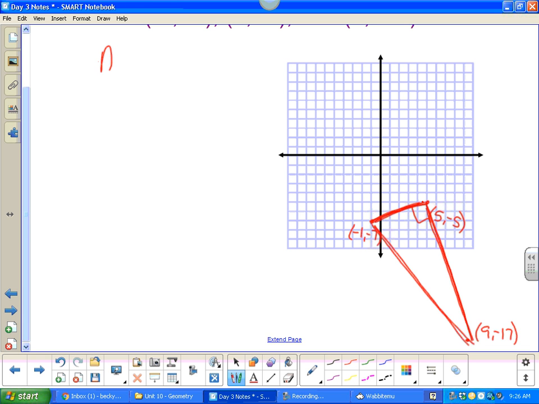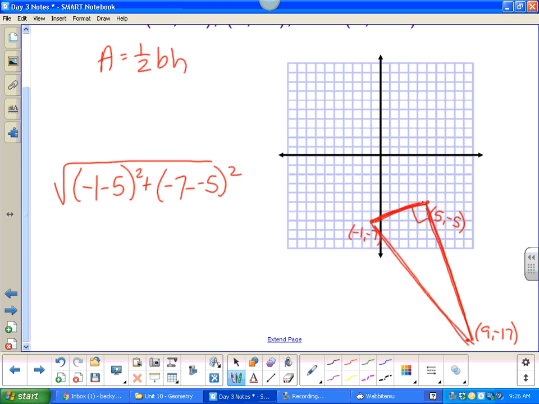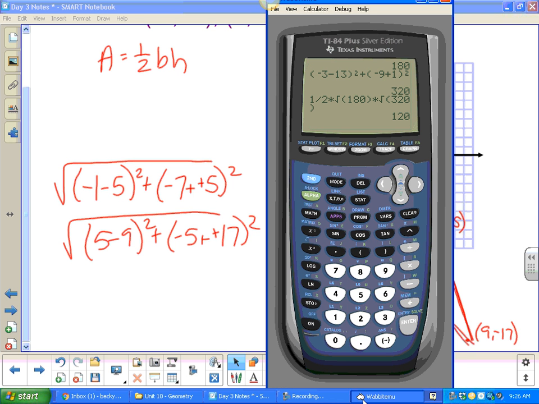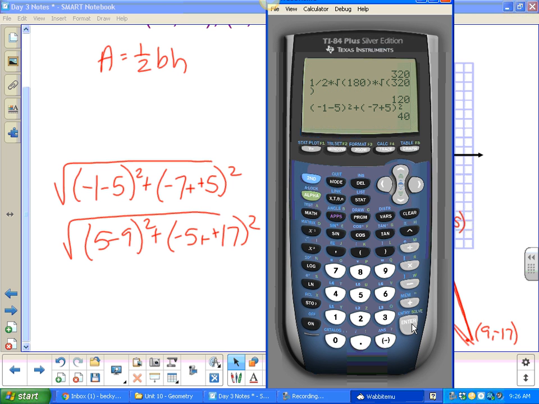So my formula, area equals 1/2 base times height. Okay, so then I gotta find -1 minus 5 squared plus -7 minus a -5 squared. And 5 minus 9 squared plus -5 minus a -17 squared. Grab my calculator. -1 minus 5 squared plus -7 plus 5 squared. 40.